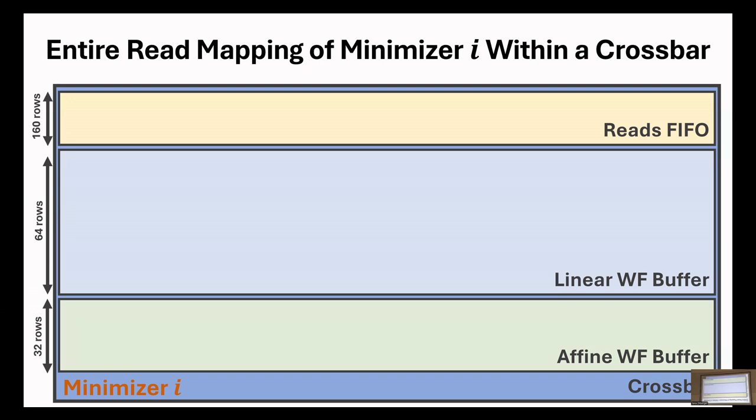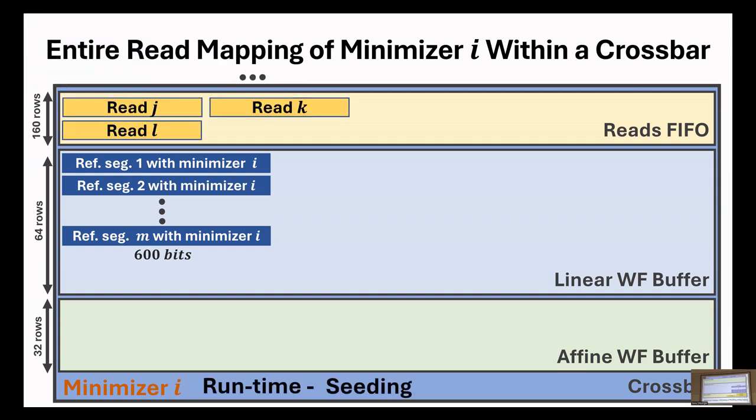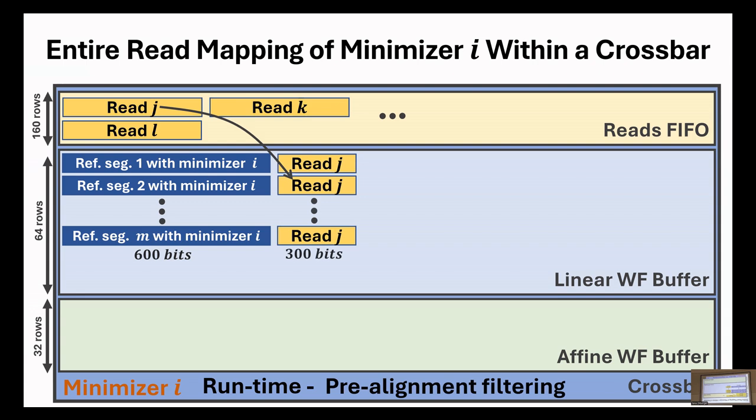Okay, if we look at the entire remapping process of a crossbar of minimizer I. First, we do the indexing. We get the reference segment of minimizer I into the linear WF buffer. So we have all the reference segments that we need. And this is done offline. During runtime, we do the seeding, meaning that we enter the reads FIFO the relevant reads with minimizer I. Then we perform the filtering.